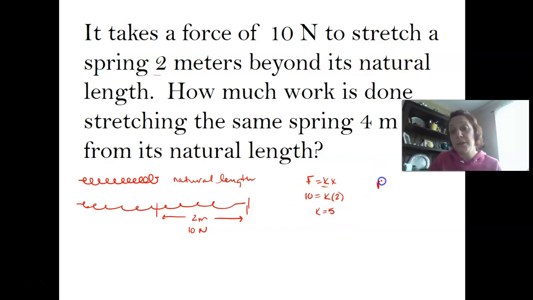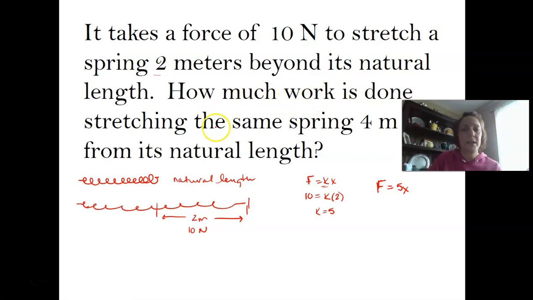In other words, for this spring, the force equation is 5x, because for a spring, the force is always Kx. Again, they could say the spring has a constant of 5, or they could do something like this. Either way. All right. So now that we know the equation for force, finding work won't be too bad.